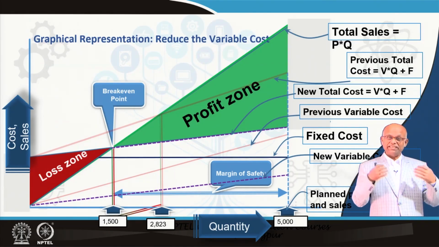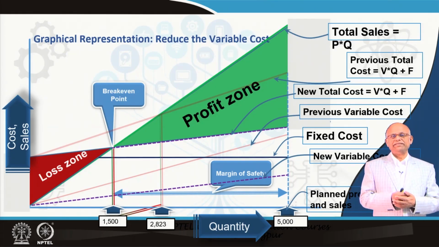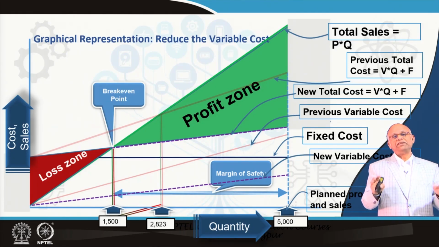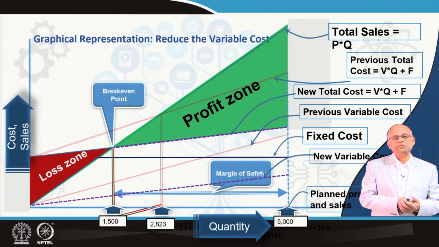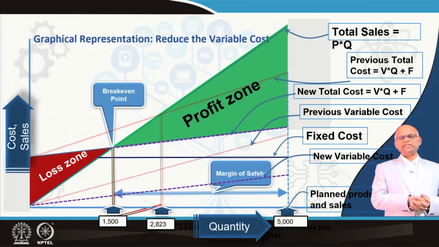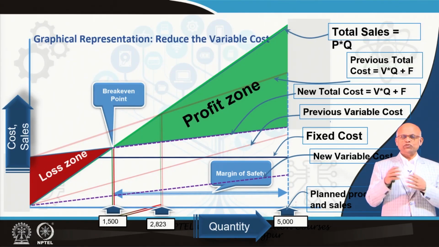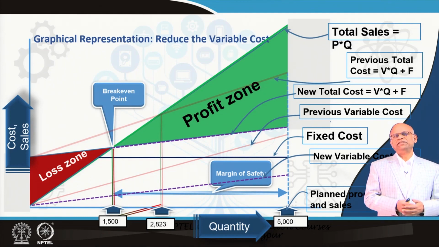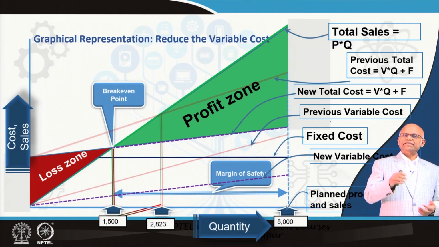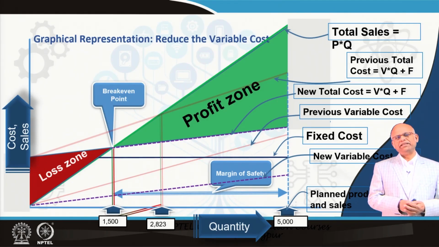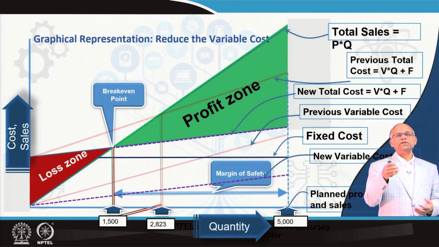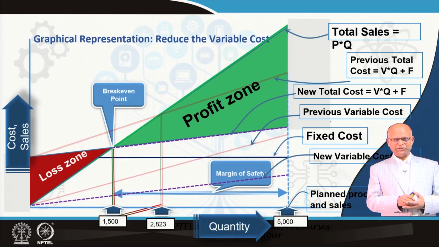Now, if you have to make a decision as to which one to buy, it is going to be very difficult just to estimate on the back of an envelope which one is better. Perhaps you will not reach an agreement. Whereas, if you can classify the cost correctly and do a break even point analysis, you can easily identify which one is better.